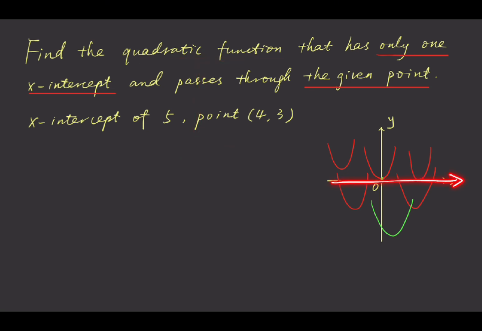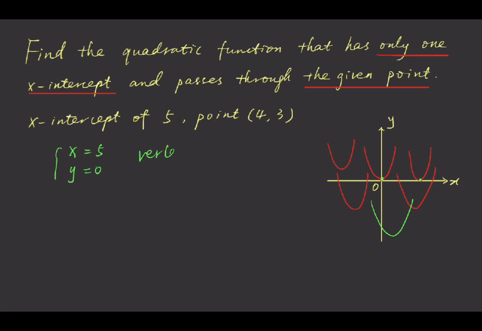must be on the x-axis. If the vertex is on the x-axis, the x-coordinate of the vertex is 5, so x equals 5. The corresponding y-coordinate of the vertex should be y equals 0.